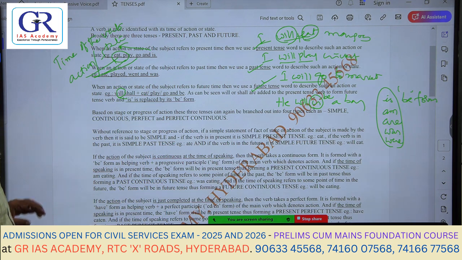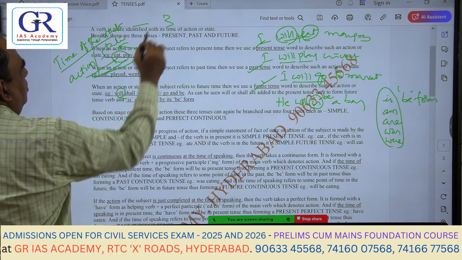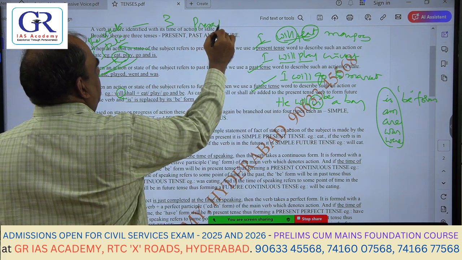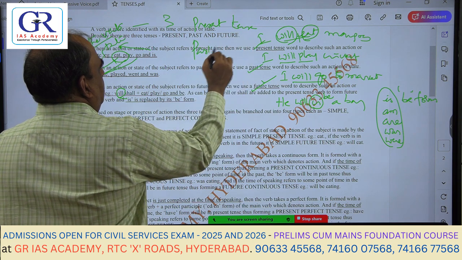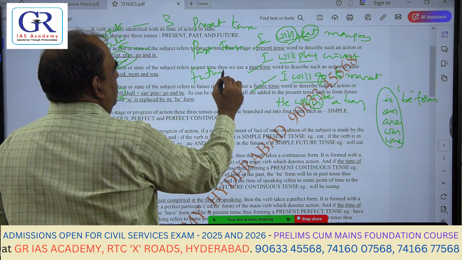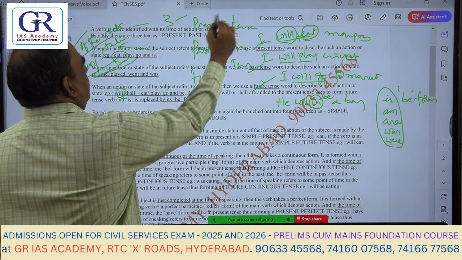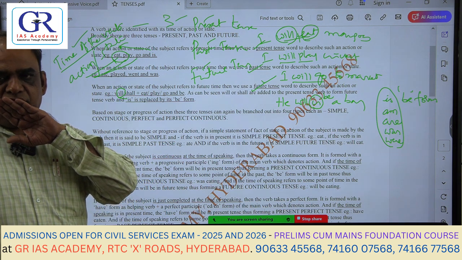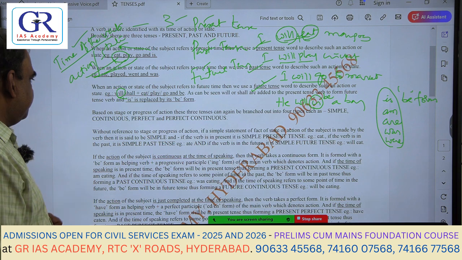So based on the time of the verb, the tenses are divided into 3 broad tenses: present tense, past tense, future tense.